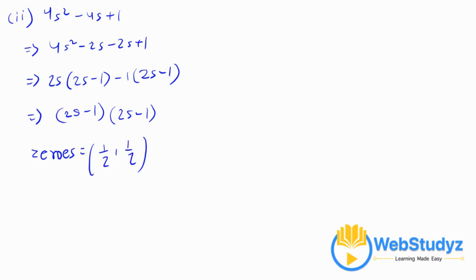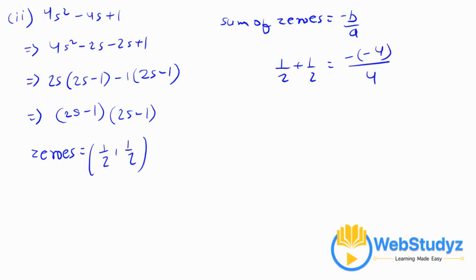So let's verify them. Sum of zeros is minus b by a. Sum of zeros means 1 by 2 plus 1 by 2, which should be equal to minus of minus 4 by 4. On this side half and half is 1, and on this side we get 1.